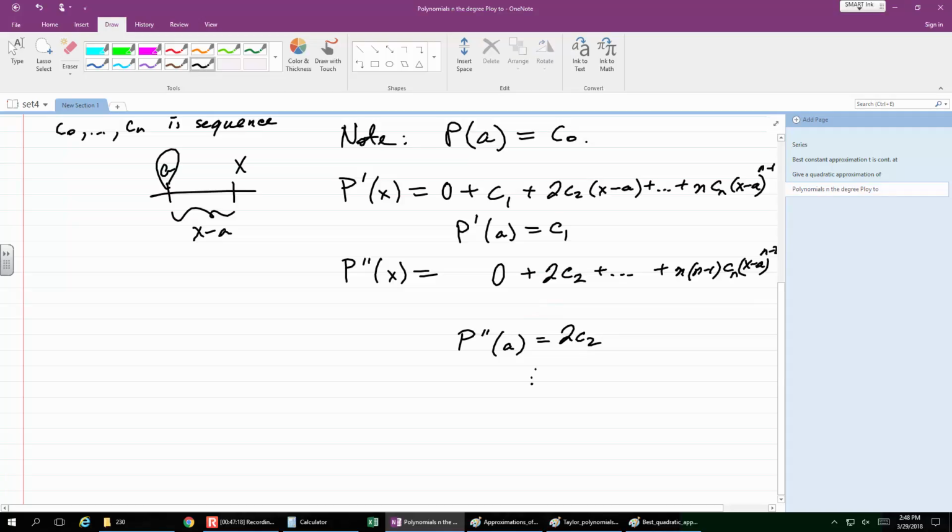How many times do we differentiate an nth degree polynomial until we stop? Let's keep track of the last term. If I differentiate it once, the degree goes down by 1. So if I differentiate n times, this is 1, this is 2. What's in the end after n differentiations?